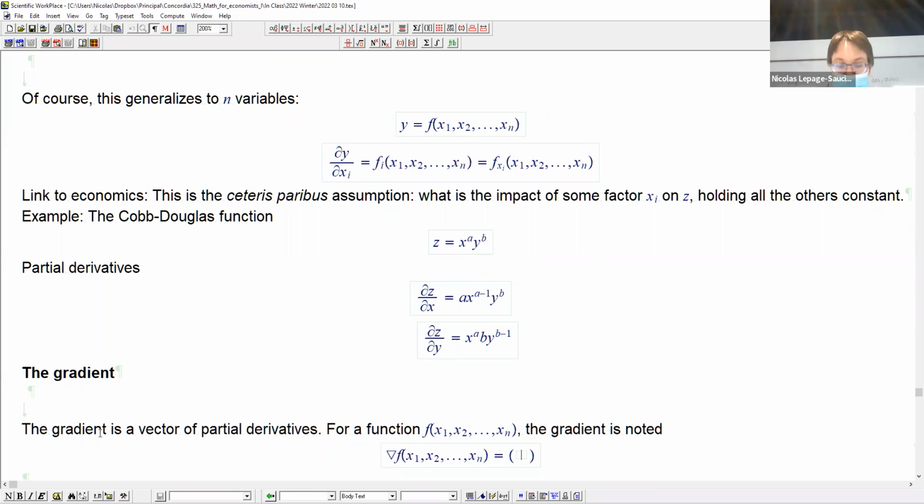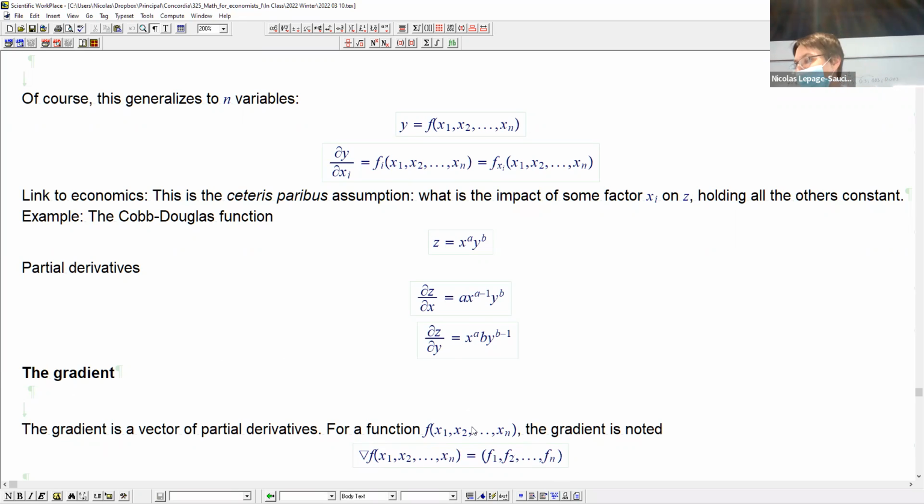Here I'm not going to put x1, x2, xn all the time, but they're there. I'm just going to say it's f1, f2, fn. But if I was perfectly coherent, I would always put the arguments there.